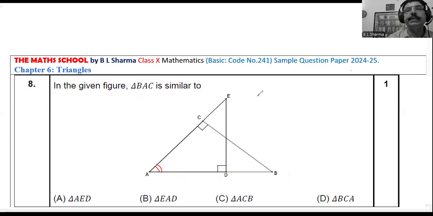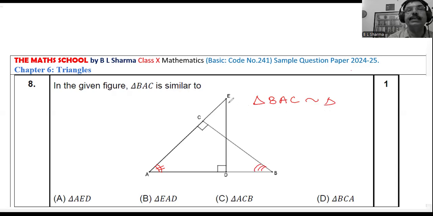So triangle BAC, I'm writing triangle BAC is similar to B, this angle, then this angle, then this 90 degrees. So common angle, we can write angle.